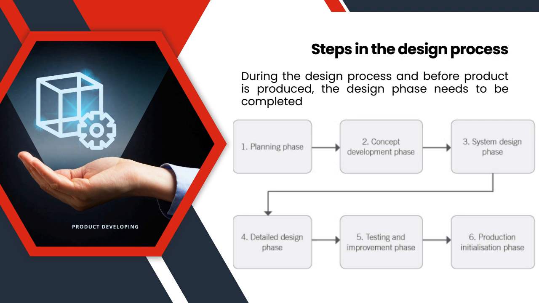Then you go into your third phase, which is your system design phase. And this is where any sort of system or any subsystems that's involved in terms of you manufacturing your product, or whether the product needs to be redesigned or modified to allow for a new product to come into the process.